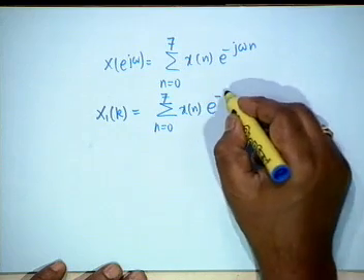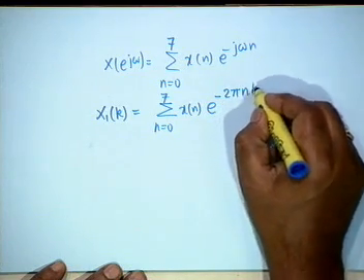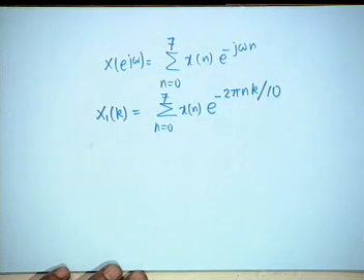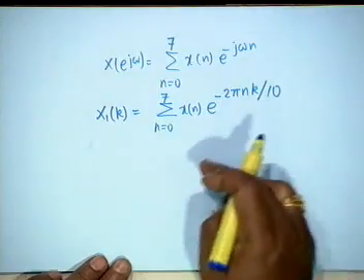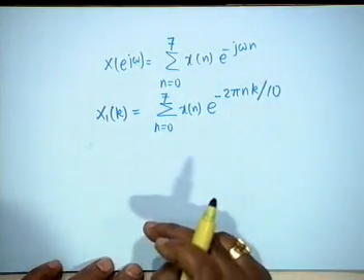So, it is minus 2 pi n k divided by 10. This is what is given. This is sampled at 10 number of points.